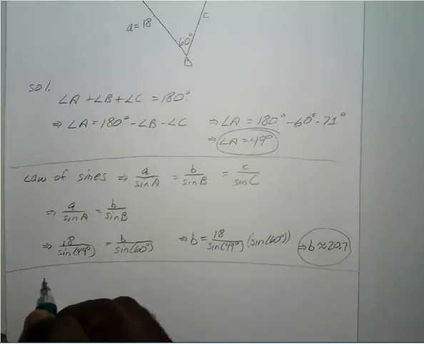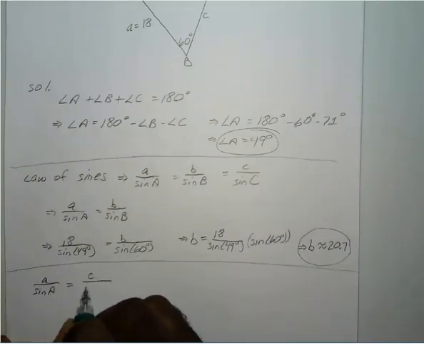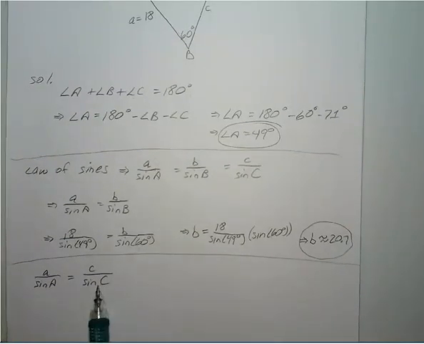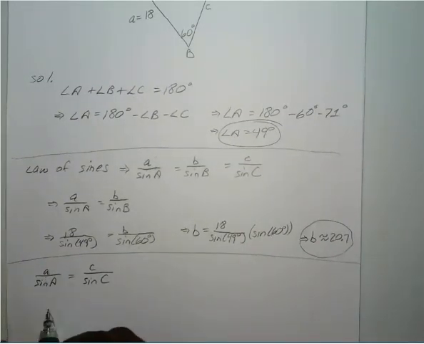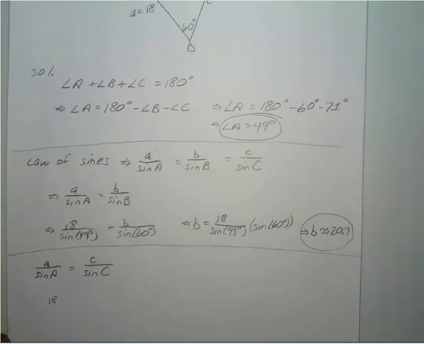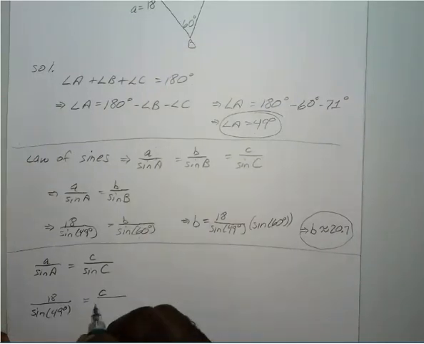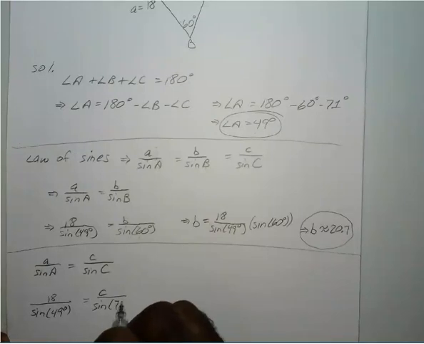So to solve for side C, let's say we use A over sine of A equals C over sine of C. And again, we know at least three of these, so we can solve for C. Side A is 18, and sine of angle A is sine of 49 degrees, equals side C, which is unknown, over sine of angle C, which is 71 degrees.